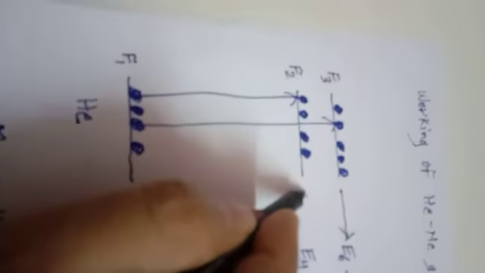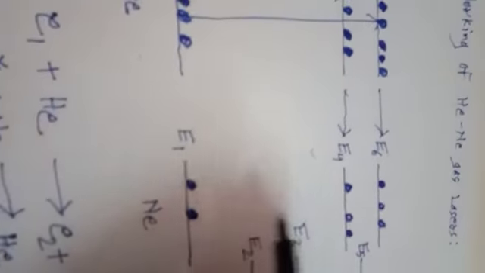Then helium will transfer energy from F3 to E6, and F2 will transfer its energy to E4. Then neon atoms will be excited and will come to the E6 energy level. These are the neon atoms at E4 as well as at E6 energy level. The ground state is this one of neon, where earlier some atoms were present, and neon is excited.